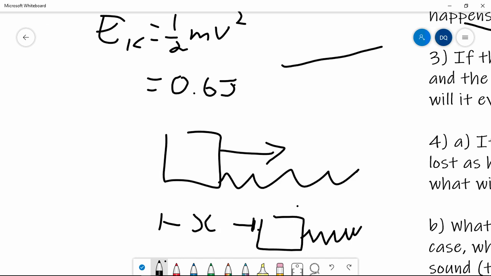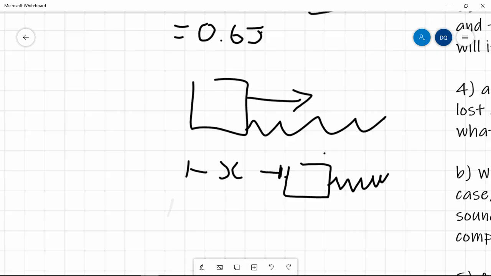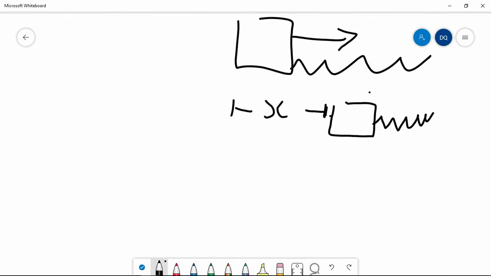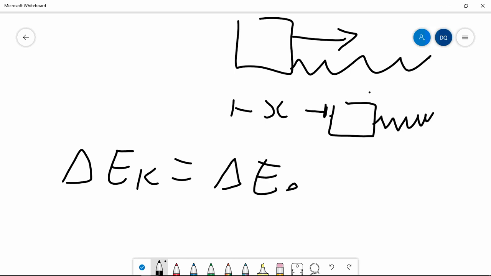And we're going to solve this problem using energy. The kinetic energy lost is going to be equal to the elastic energy gained. So the change in kinetic energy is going to be equal to the change in elastic energy. And how much kinetic energy did we lose? We lost half mv squared. And how much elastic energy did we gain?